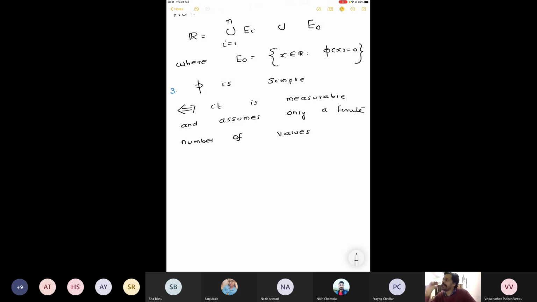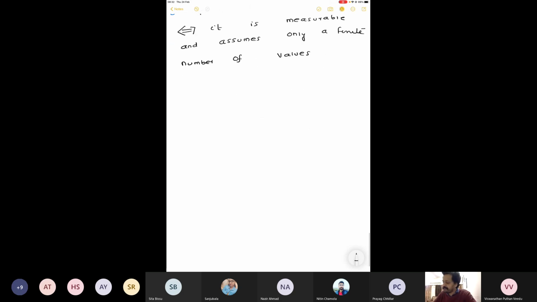Now, how do you integrate a simple function? What Lebesgue did is just mimic what Riemann did. How in Riemann integration theory does one integrate step functions? How do you integrate functions of this form?